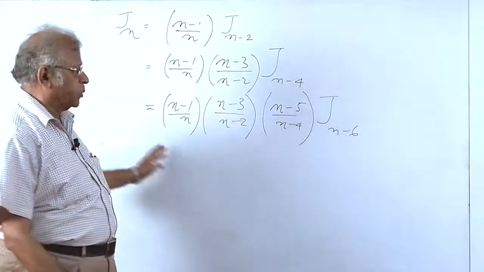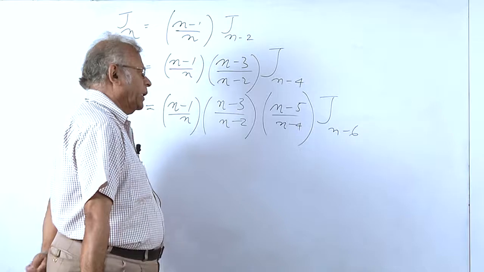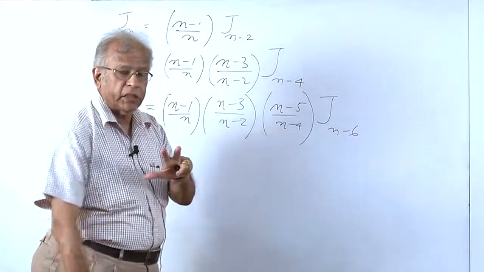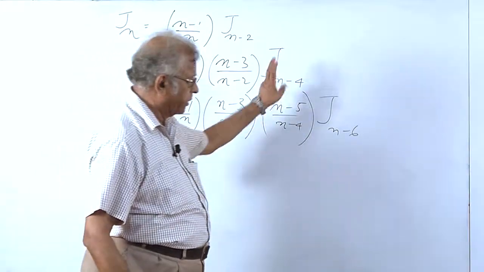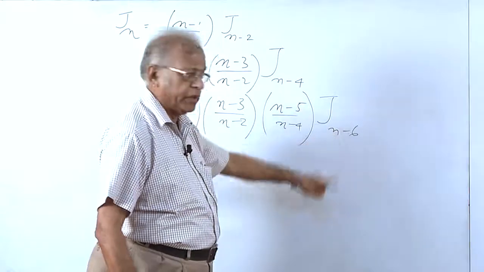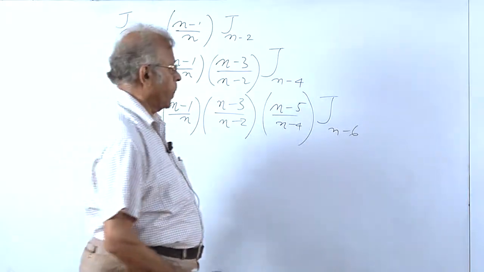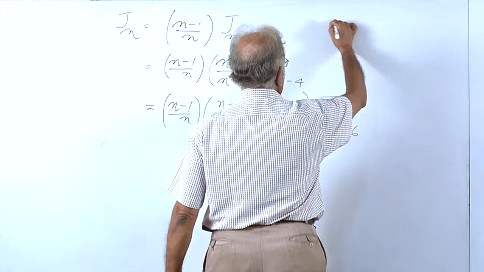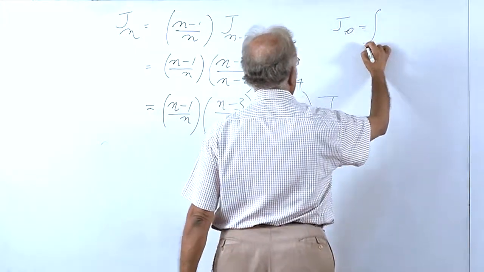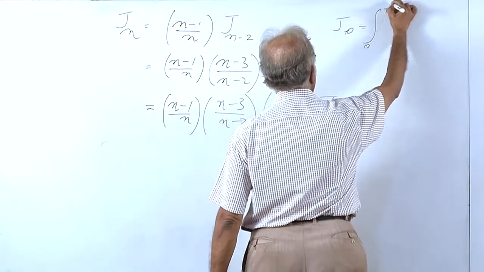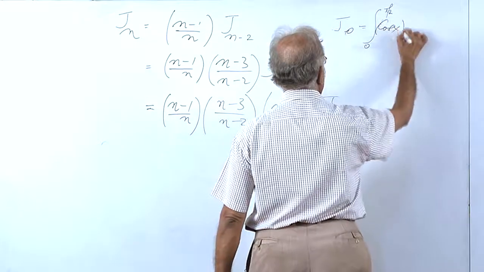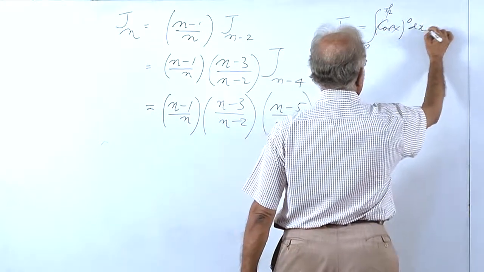So this process can go on, and ultimately the result that will be here, if n is even, then the final term will be J naught, and if n is odd, the final term will be J of 1. Now J naught will be equal to nothing but the integral from 0 to pi by 2 of cos x to the power of 0, and that is pi by 2.